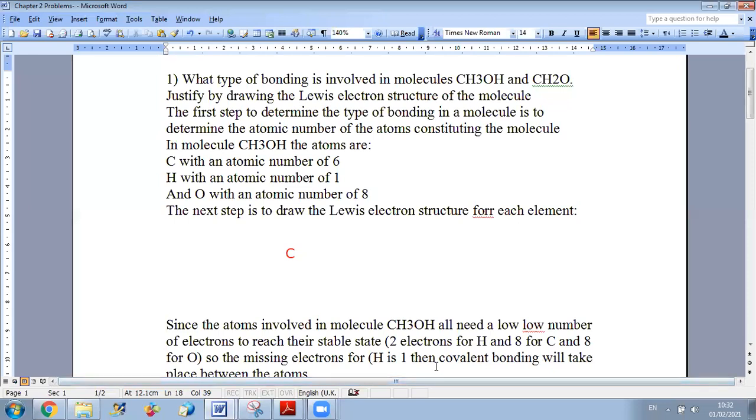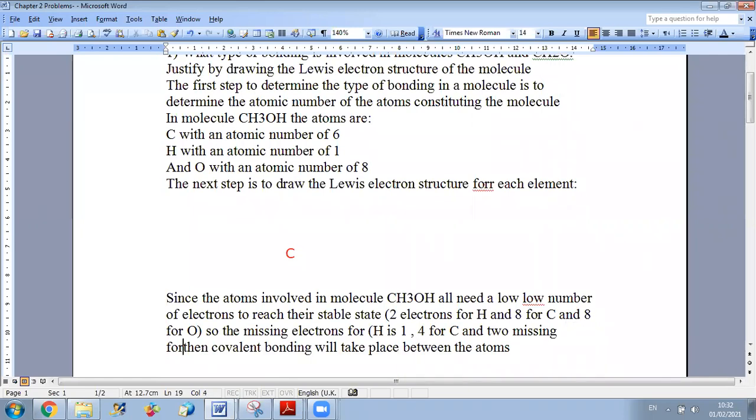So for H it is 1. Since the stable set for C is 8 and it has 4, how much is missing for C? 4 are missing for C, okay, and 2 are missing for O, okay.